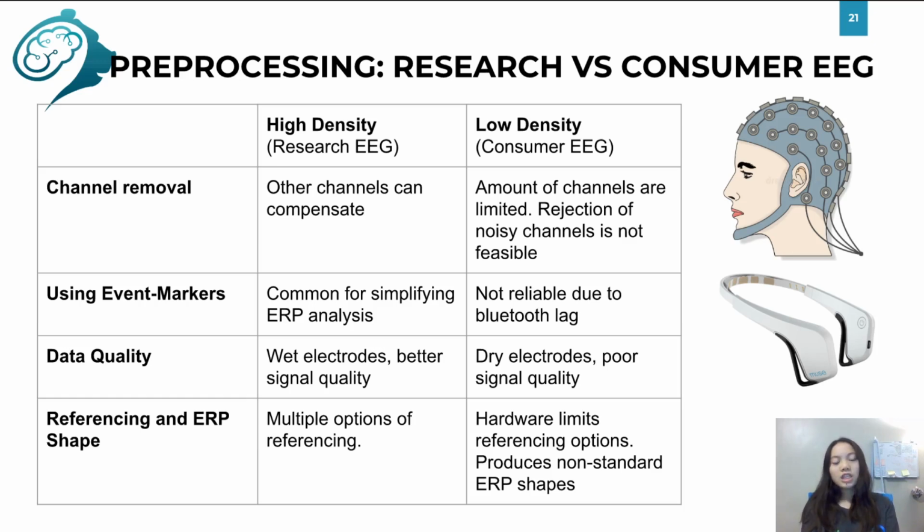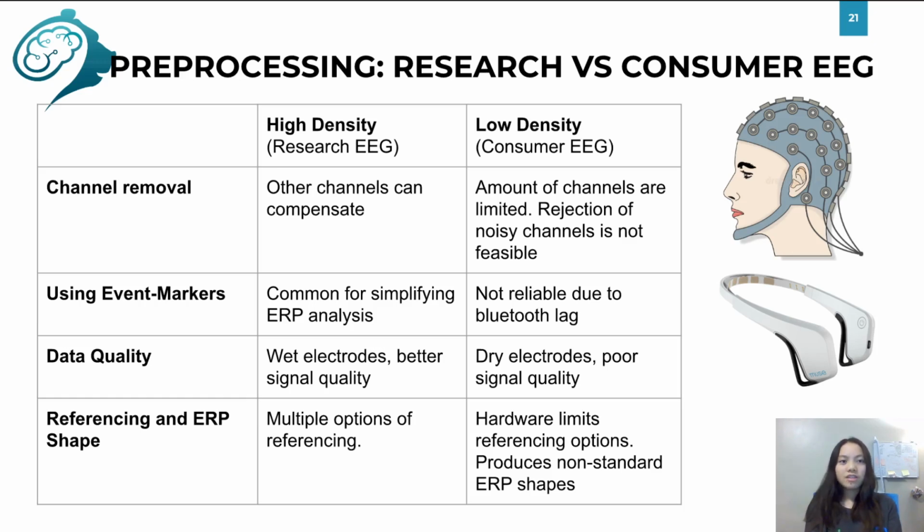However, the consumer EEG's data quality can be negatively affected by artifacts due to using only dry electrodes. Overall, the main differences in preprocessing are in channel removal due to the smaller number of channels in consumer EEG, using event markers due to Bluetooth lag, data quality due to non-standard electrodes, and referencing.